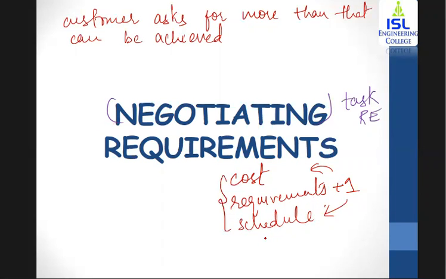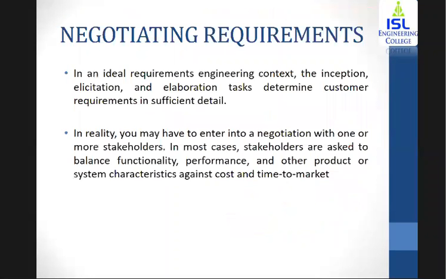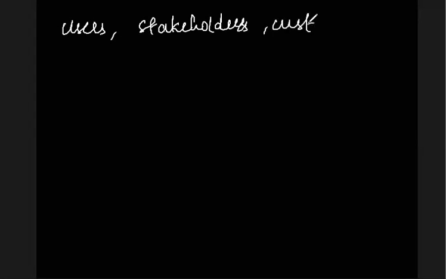Now what happens when you're negotiating the requirements? You're going to gather all the users, the stakeholders, and all the customers. When you've gathered all these three groups, they are asked to prioritize the requirements.